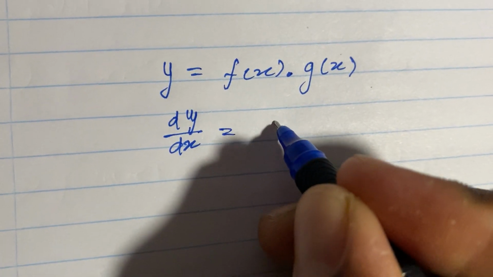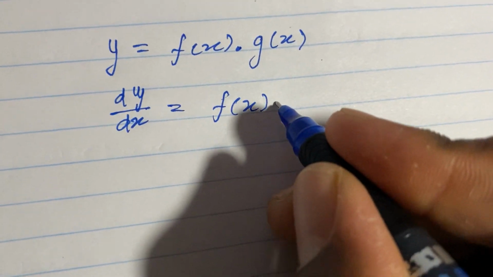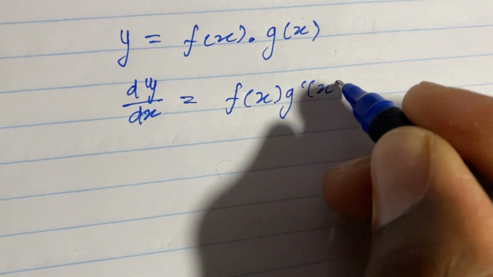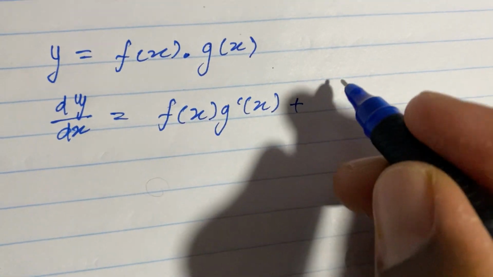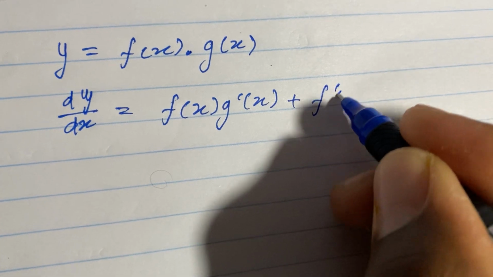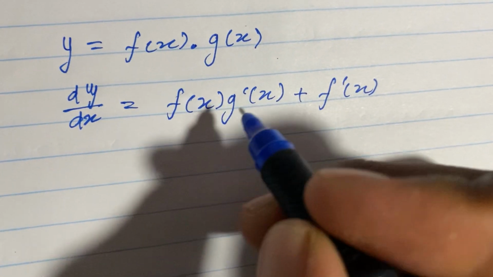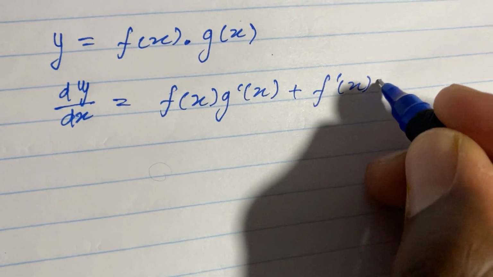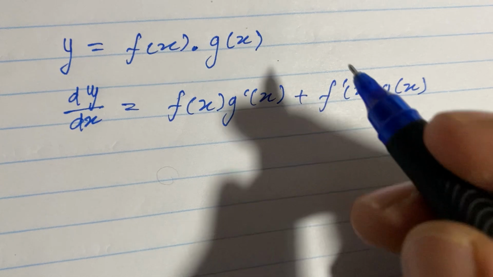This will be f(x) times g prime of x, which is the derivative of g, plus f prime. Note that you didn't derive this one, you just wrote it the way it is, times g(x), not g prime, just g(x).